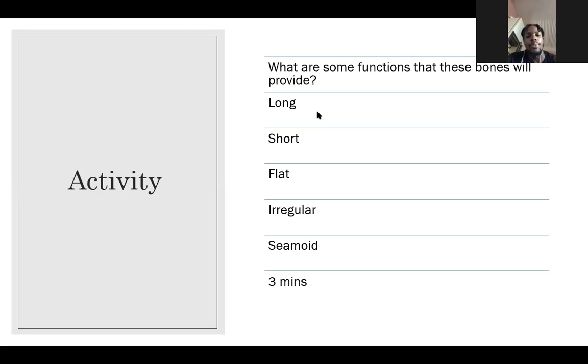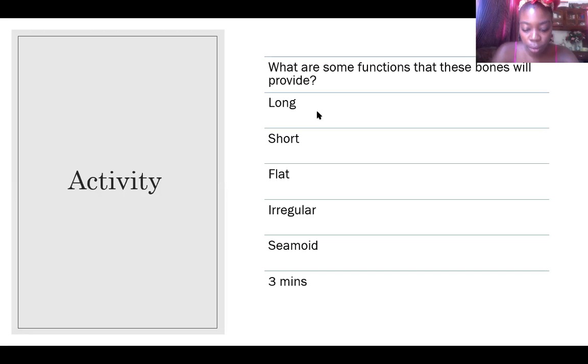So for jumping and things, those bones would withstand the most pressure. So that's why I say pressure. Also to carry your body weight.